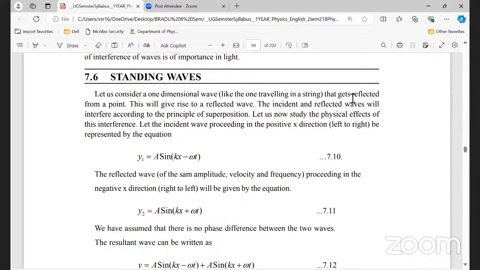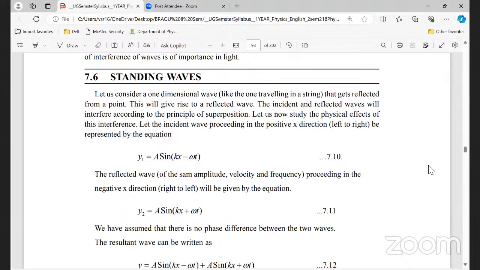In Melde's experiment, you can observe that practically. The wave gets reflected from a point here, giving rise to a reflected wave. Here the incident as well as the reflected wave interfere, following the principle of superposition.